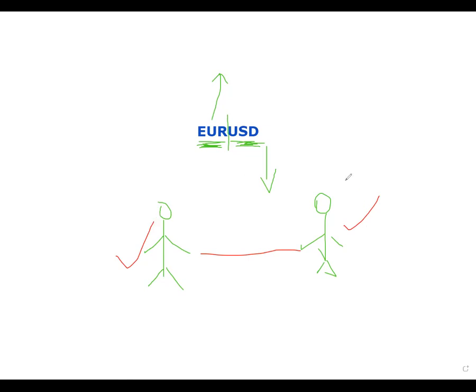So in case the one on the right becomes the strongest, you will see that he or she will pull the one on the left to his or her side. And at the end of the day, if it is the one on the left that becomes stronger, you end up seeing him or her pulling the one on the right to his or her side. That is the game of tug of peace or tug of war.